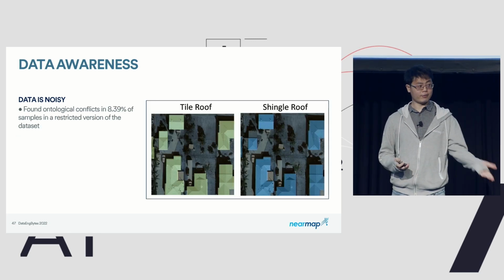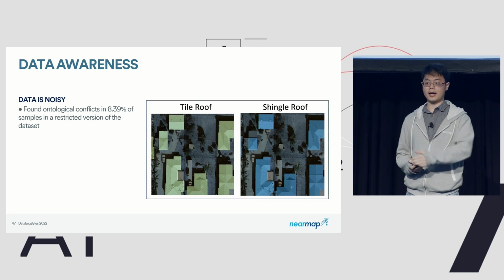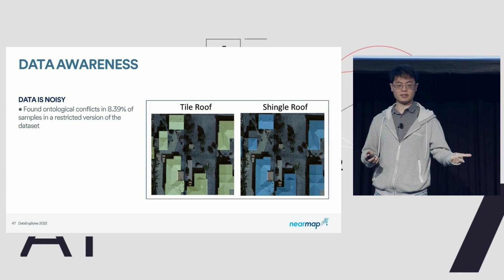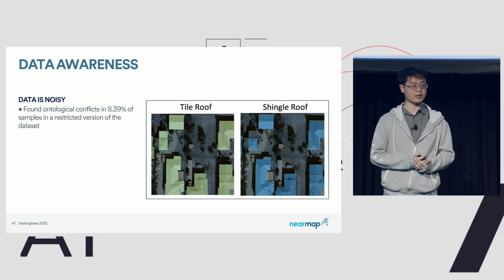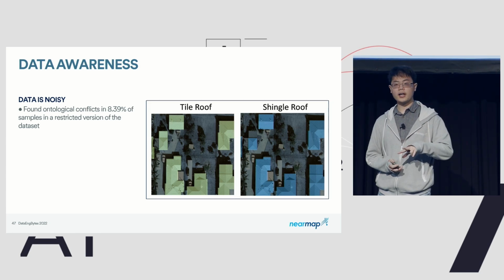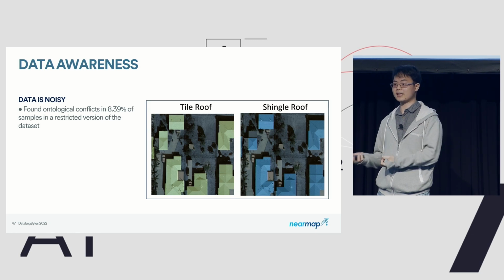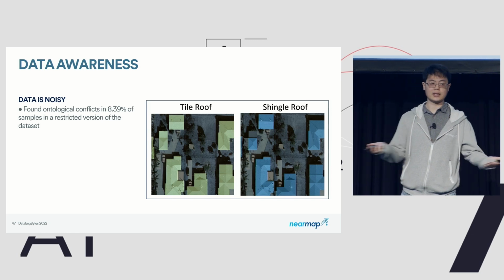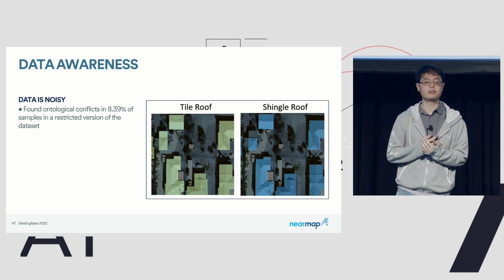You know how your roof can have different materials? Well, we train our AI to detect that as well. So tile and shingle are two of the materials, and they are incompatible with each other. But because it's quite common to label different classes at different times, you can end up with different labelers labeling them, and those labelers don't know what the other person has labeled.